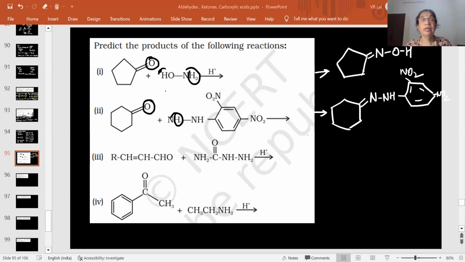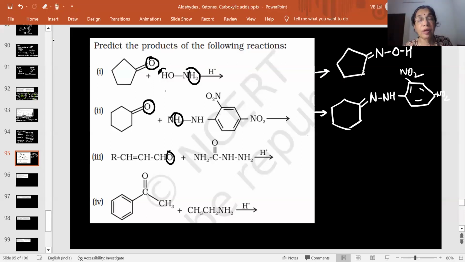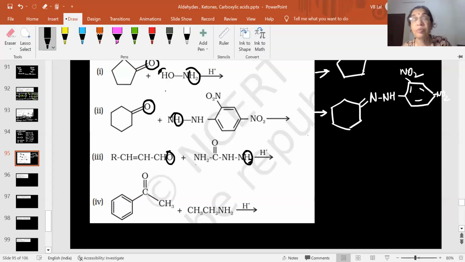Now here you see, again, there is an aldehyde group. What will be the reaction? The O, just see, the O from here will go and H2 from here will go. Not the H2 here, the H2 which is attached to NH, that will go. So what will you get? The product. Just write carefully the product.